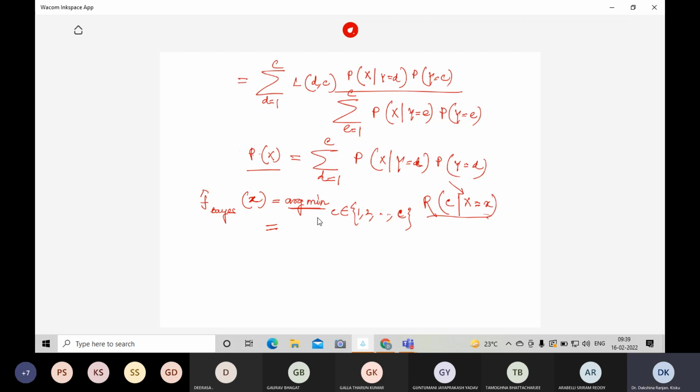Now let us consider the assumption we have made about Bayes theorem: that each input variable is dependent upon all other variables.